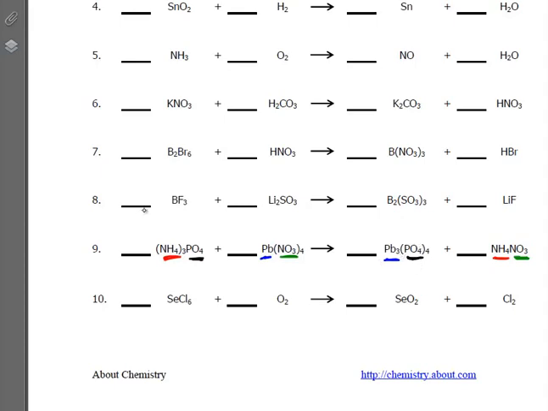I'm just gonna try 3 ammonium over here. So let's try to put 3 ammonium here. That changes not only my ammonium, but it makes 3 nitrates. So let's go over here, and there's 4 nitrates here, if you see.